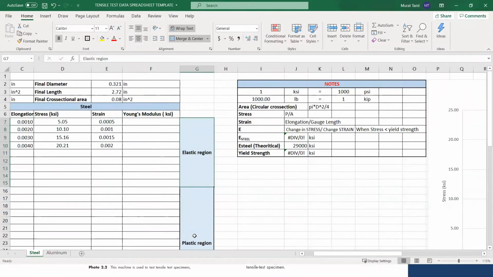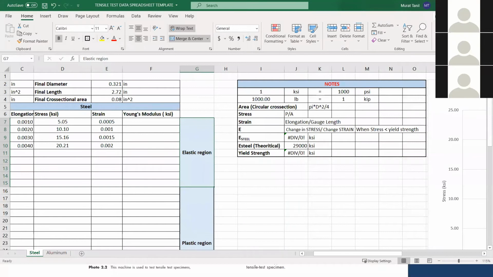So any question between elastic and plastic region? Who can tell me the basic difference between elastic region and plastic region? What is the main distinctive subject between them?